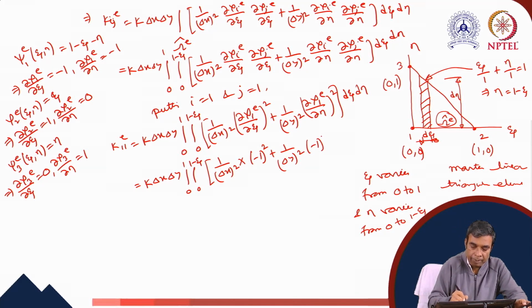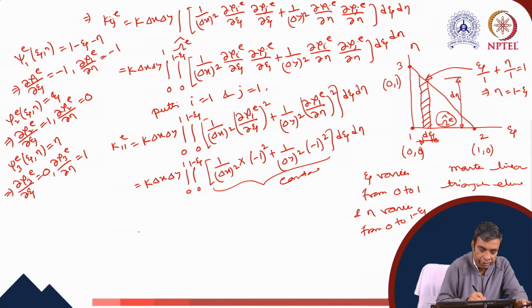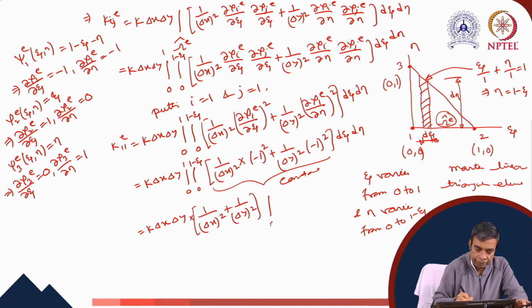So we have (ξ−1)² dξ dη. Now the integrand portion is a constant term, so we take it outside. It comes as k Δx Δy multiplied with [1/(Δx)² + 1/(Δy)²] integral from 0 to 1, 0 to 1−ξ, dη dξ.